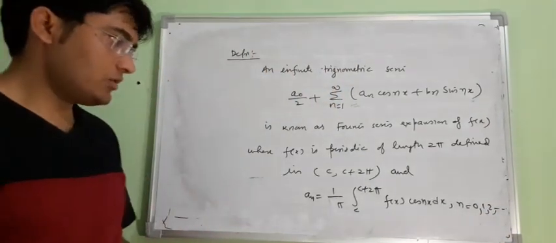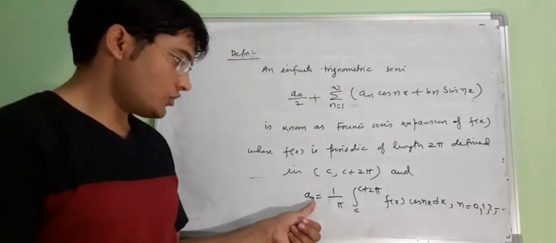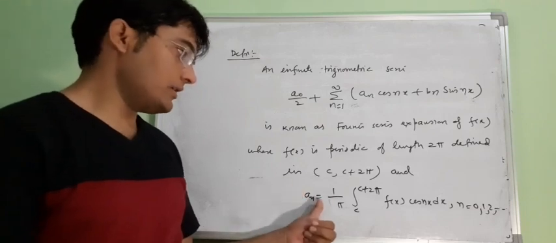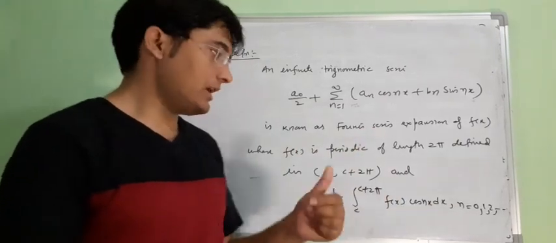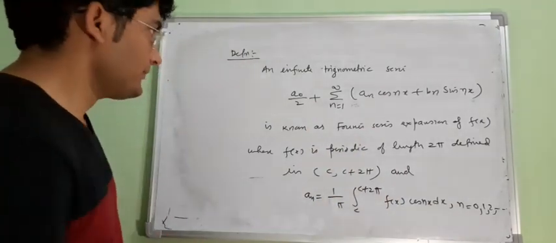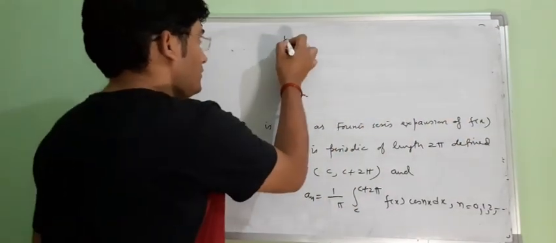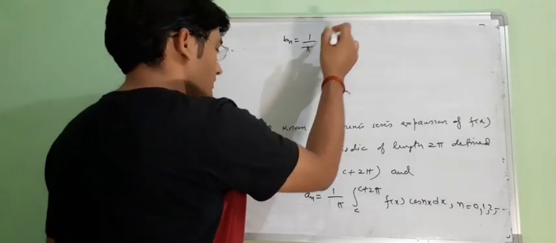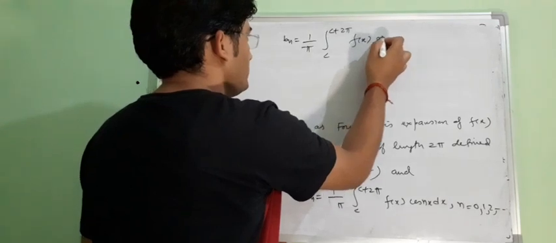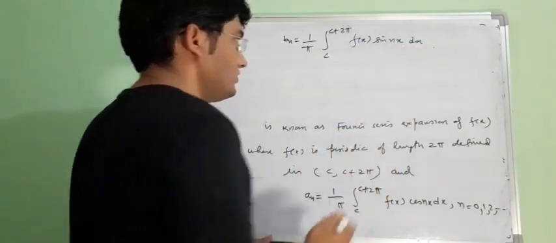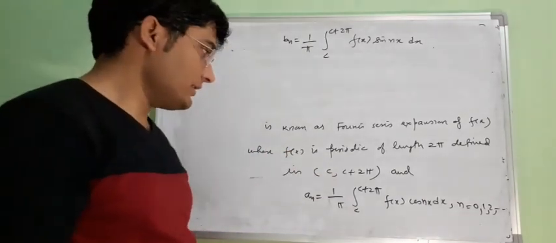Now if we put n equal to 0, then this Euler formula a0 will be 1 by pi integral c to c plus 2 pi f(x) dx. That is the value of a0. Then your bn is equal to 1 upon pi integral c to c plus 2 pi f(x) sin nx dx.